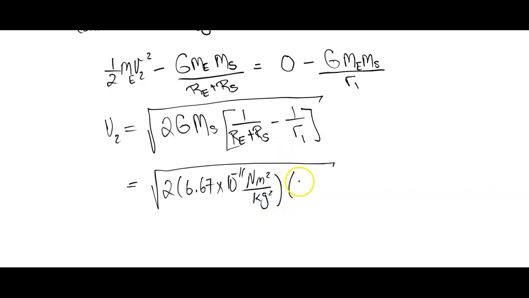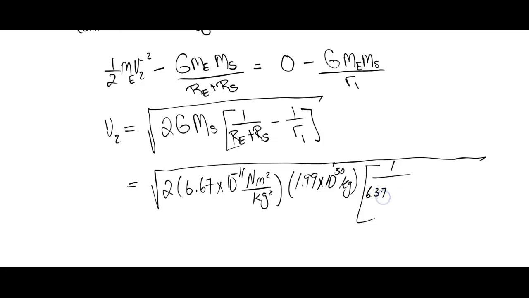The mass of the sun is 1.99 times 10 to the 30th kilogram. Let's extend our radical. And then in here, we have 1 over, the radius of the earth is 6.37 times 10 to the 6th meter.